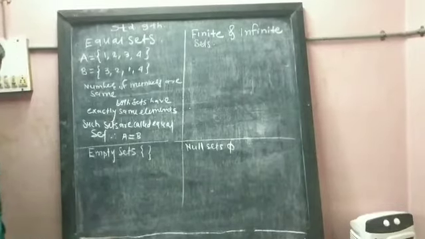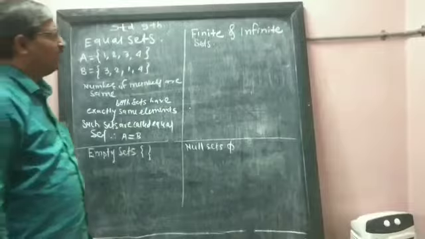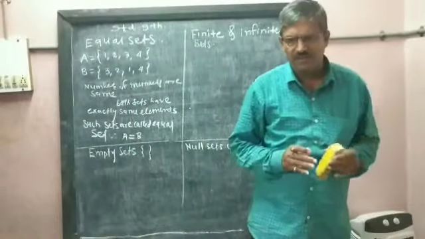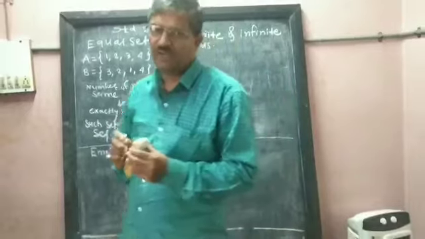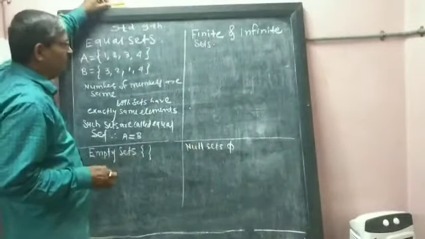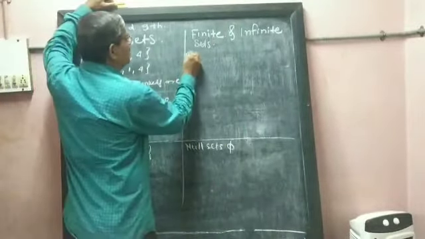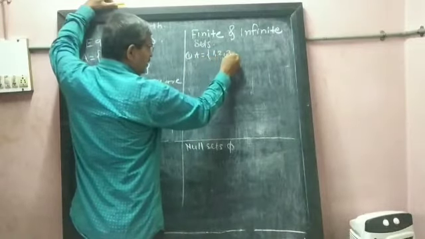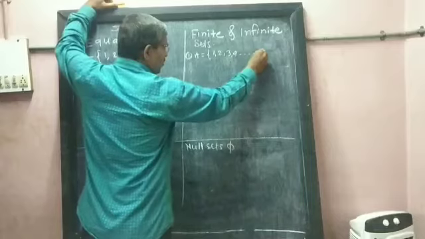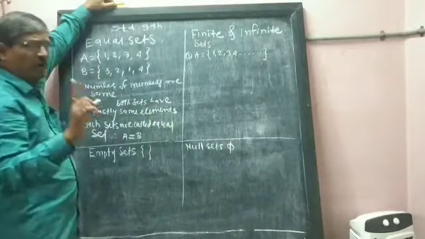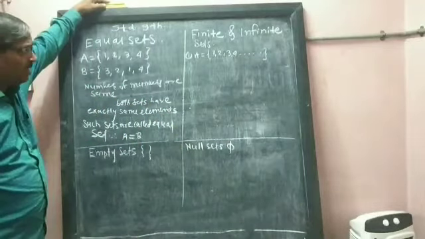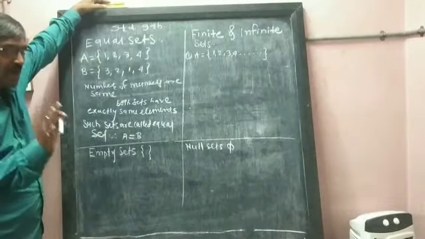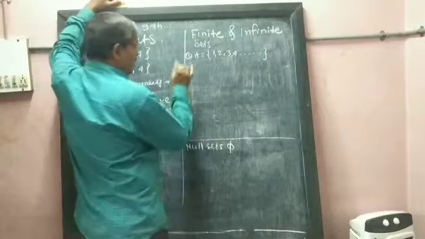If you understand, then we are going to study with the help of examples what is meant by finite set and what is meant by infinite set. So here I am going to take one example. First example is that A is one set in which 1, 2, 3, 4, dot, means there is no end to the list, means the number of members are uncountable.